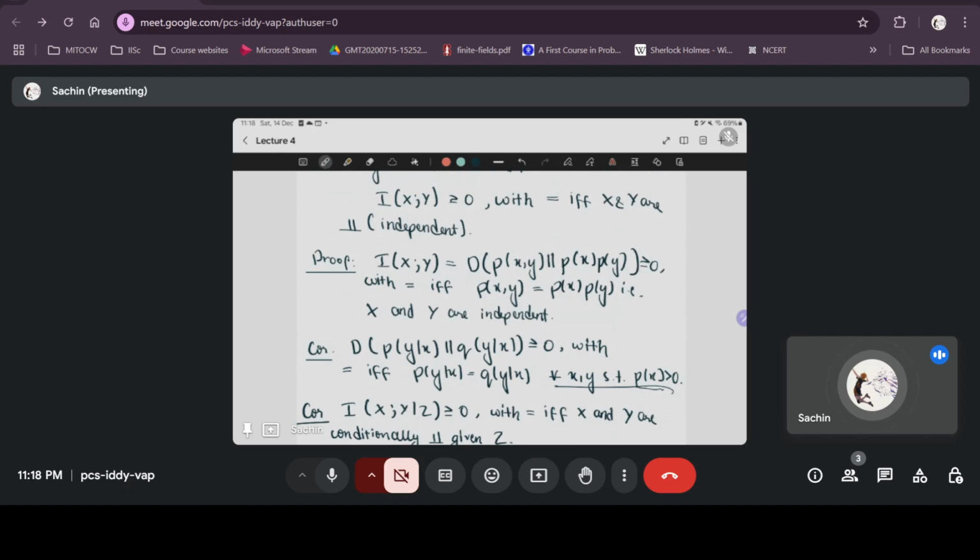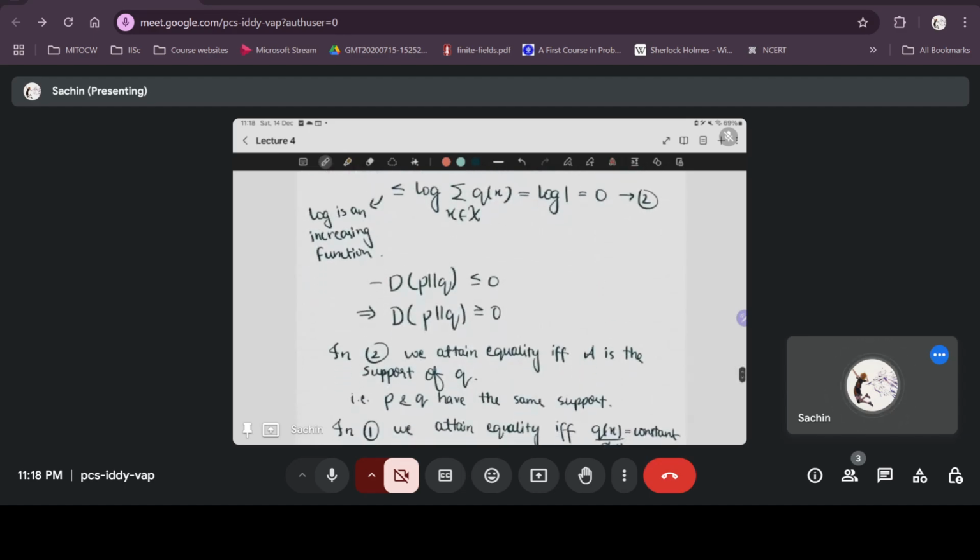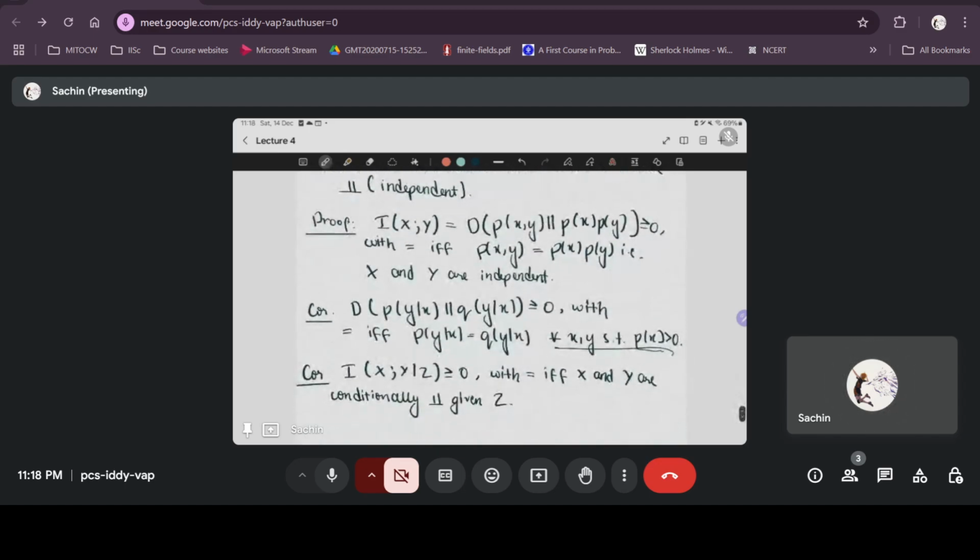But when you have conditioning, when you have two random variables like x and y, then it is sufficient if P of y given x is equal to Q of y given x only at points where P of x is not 0. That additional condition is there. That condition doesn't come directly from the information inequality. So just small points like this. Of course, it's very intuitive, and the proof itself won't take too many steps, just an extra one or two steps.